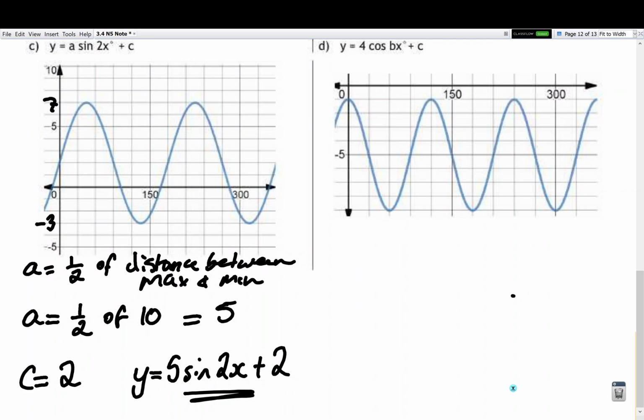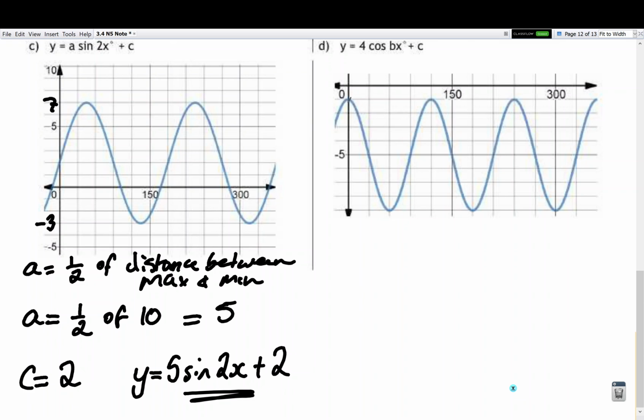All right, so we'll do the last one, and hopefully this is making sense okay. We're given this time the amplitude of 4 cosine bx plus c. So we need to figure out how many waves there are in 360. We need to figure out where the graph has been shifted up or down. Now, to get the number of waves in 360, in this case, it's probably easier in that we can just really trace it with our finger and just count them.